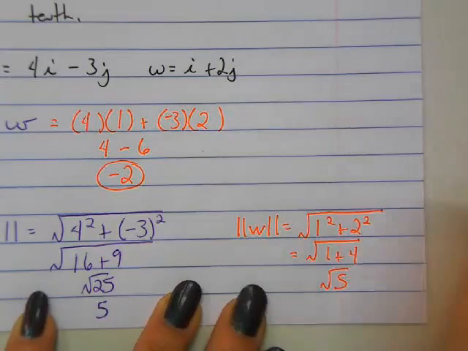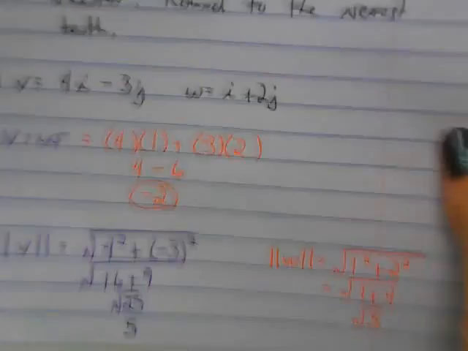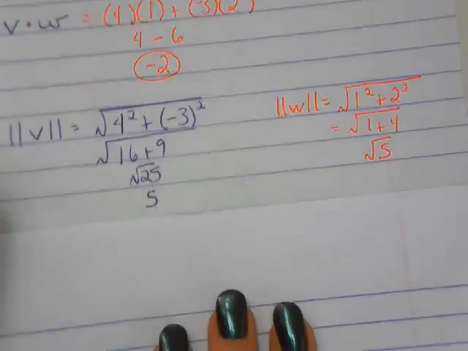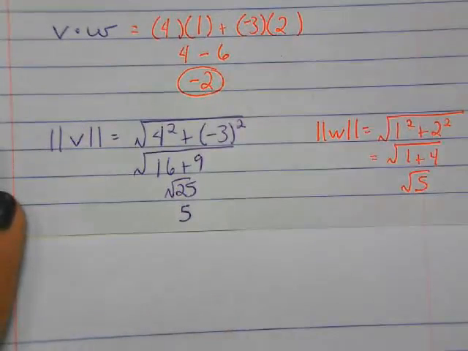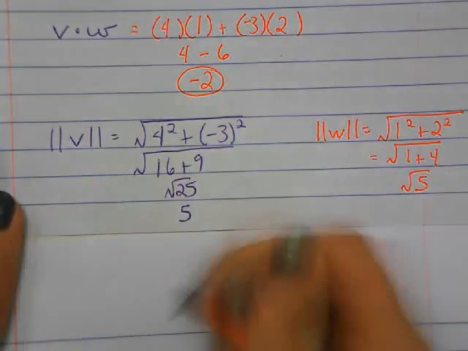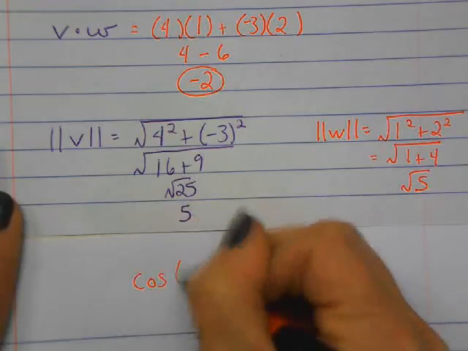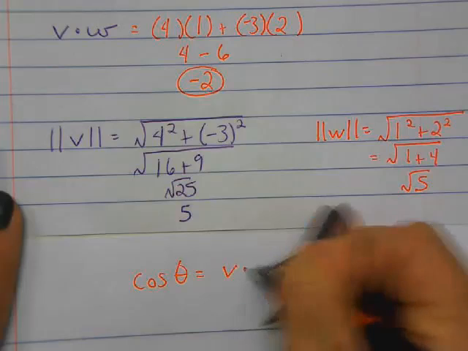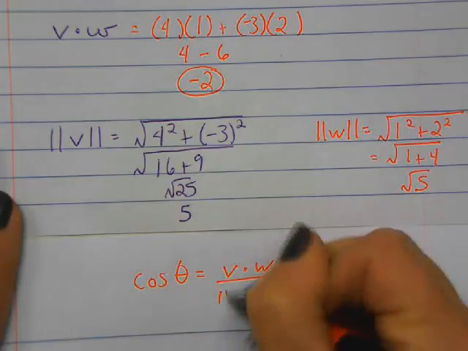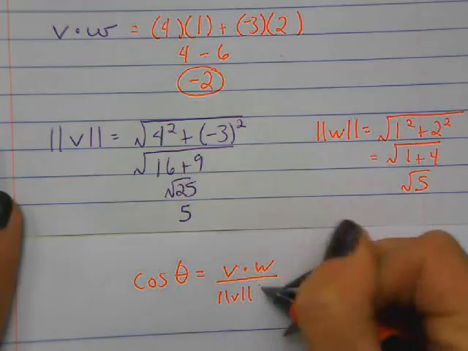Alright, so I have all my pieces parts. Now I'm ready to put them together and show you what this is going to look like. So I know to get theta, the cosine of theta is v dot w over the magnitude of v and the magnitude of w. So let's fill in what we know.